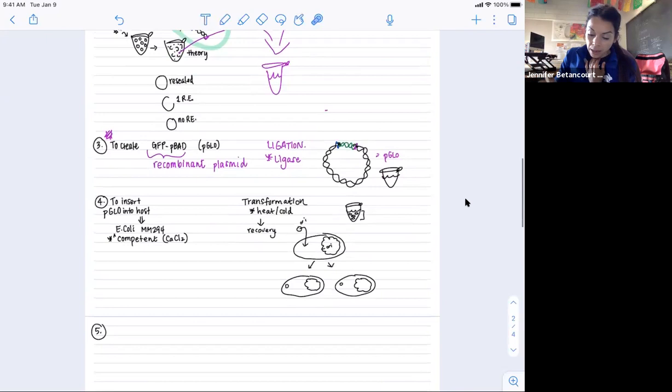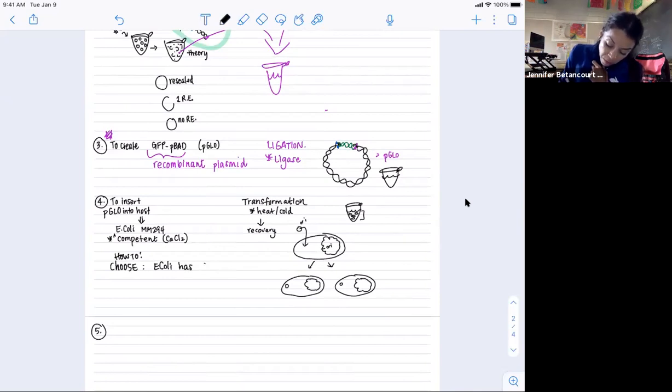So we need a way that will allow us to choose, or kill off the other bacteria that we don't want. So we want to choose the E. coli that only has been transformed with the GFP that was inserted into the P-bad vector, otherwise known as P-glow. Okay, that's what we're hoping to do next.